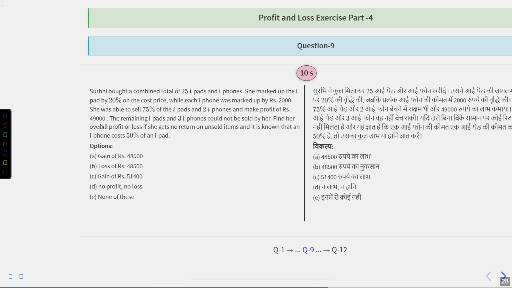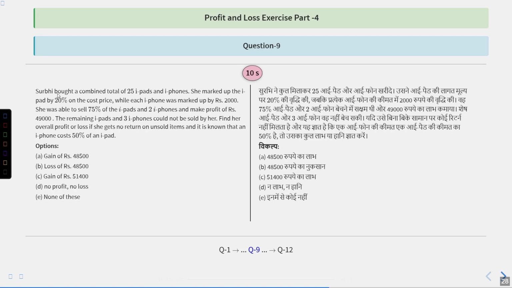Next one. Surbhi bought a combined total of 20 iPads and iPhones. She marked up the iPads by 20% on the cost price, while each iPhone was marked up by 2,000 rupees. She was able to sell 75% of the iPads and 2 iPhones and make a profit of rupees 49,000.